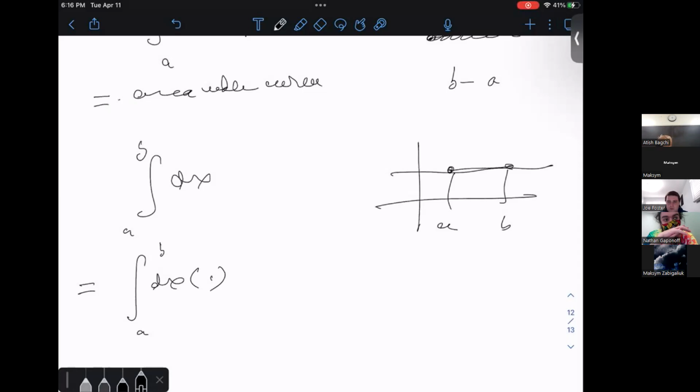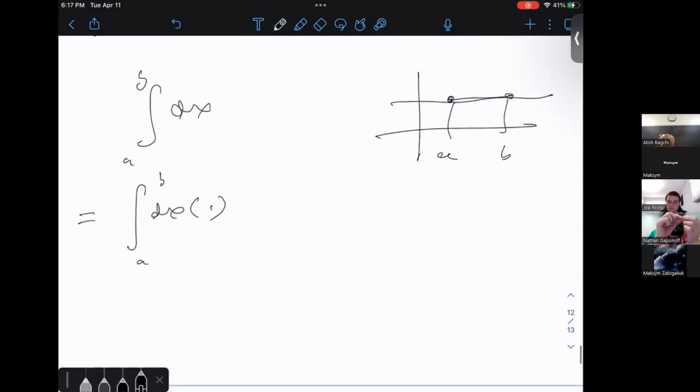So what is the height? 1. Otherwise we will get twice the length. So we can't integrate 2, we integrate 1. So to find the length, we are pretending that there's a function of constant height 1. Pretend. Yeah.